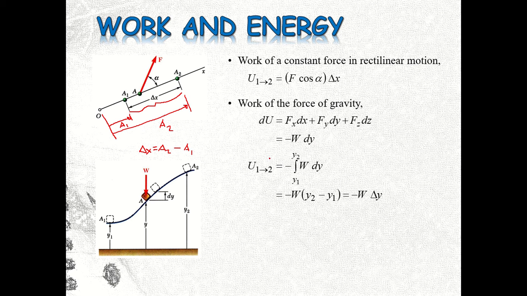Now to calculate the work done from A1 to A2, from 1 to 2, assuming the particle is coming from here and moves at A1, and then moves further to A2. So we have the work from A1 to A2, that is U sub 1 to 2.